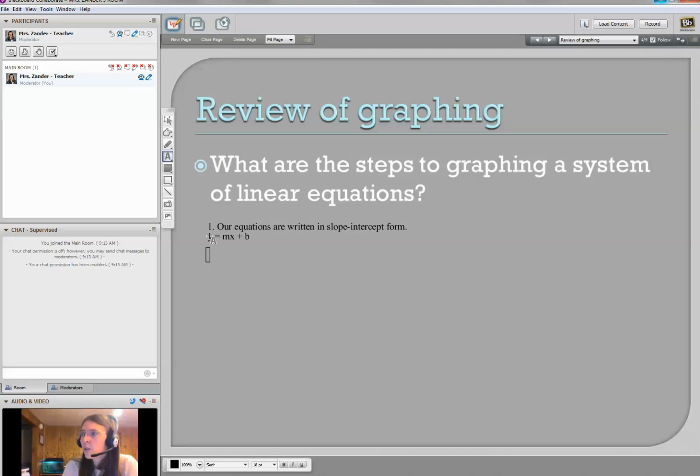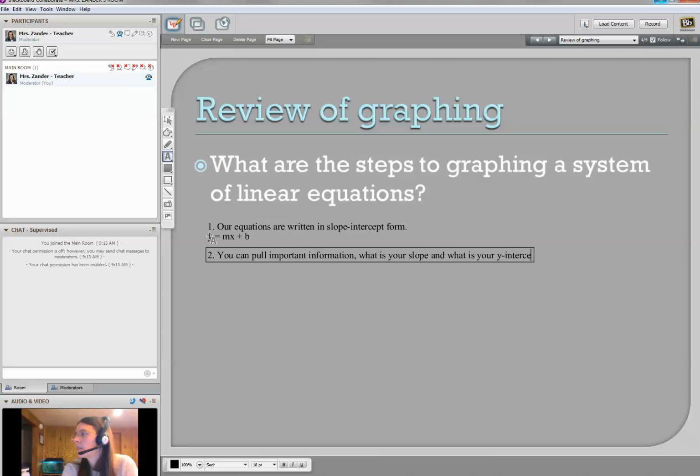Once you have your equations in slope-intercept form, you can pull the important information, which is what is your slope and what is your y-intercept. Once you have that information, we can go ahead and start to graph.